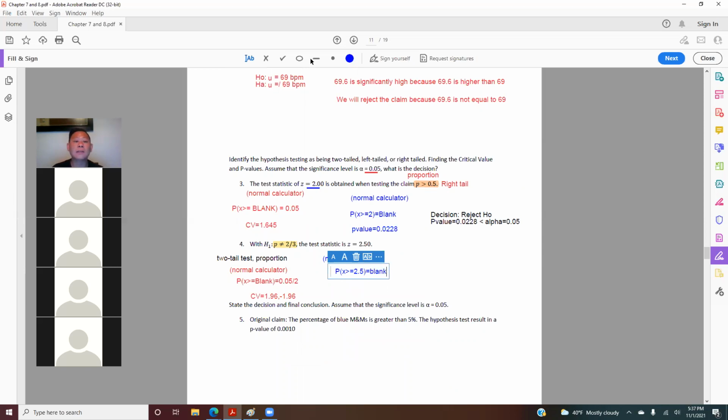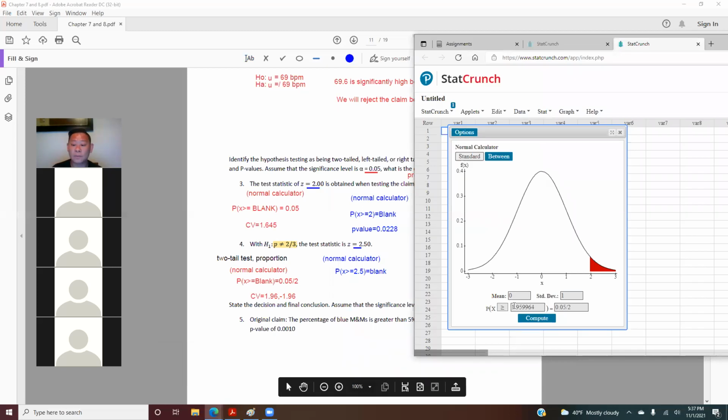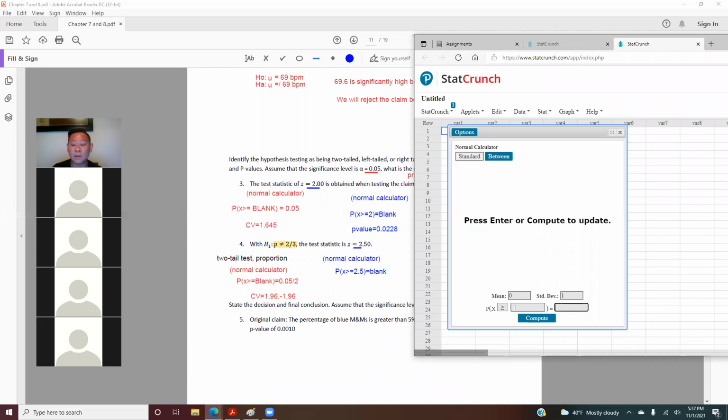Okay, so this is the z-score in this case, which is 2.5. And this blank will be your answer, your p-value. So 0 and 1, we still use greater than or equal to 2.5, and we make this blank. This p-value is very small, but you have to double it.